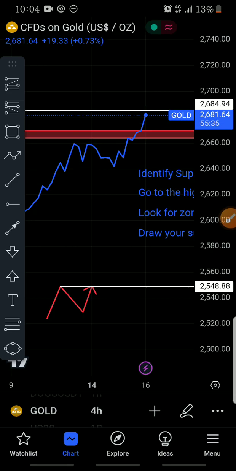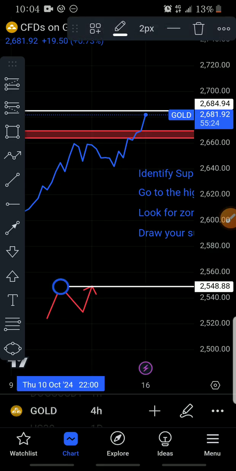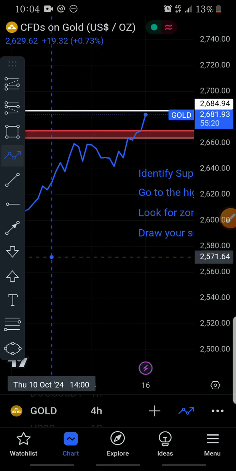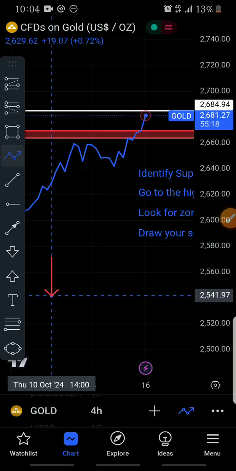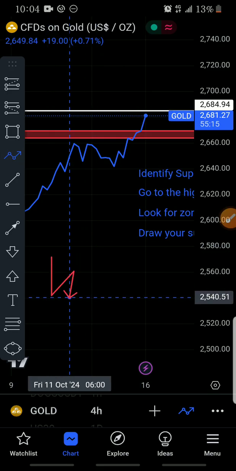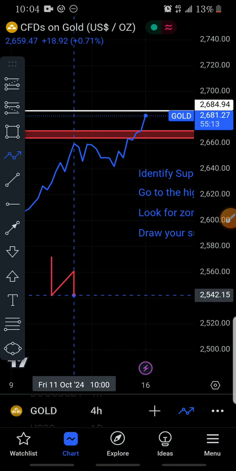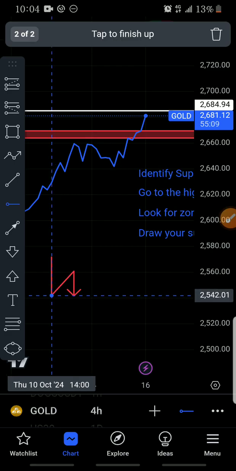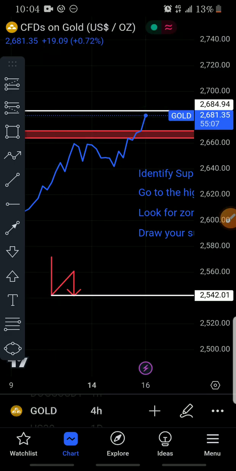Why? Because the market has been resisting, it has been pushing down. It doesn't allow it to pass that level. So that's our resistance level. Whereas, let's say the market is pushing downward and stops here again, then here is going to be our support. So that's the basic thing about support and resistance.